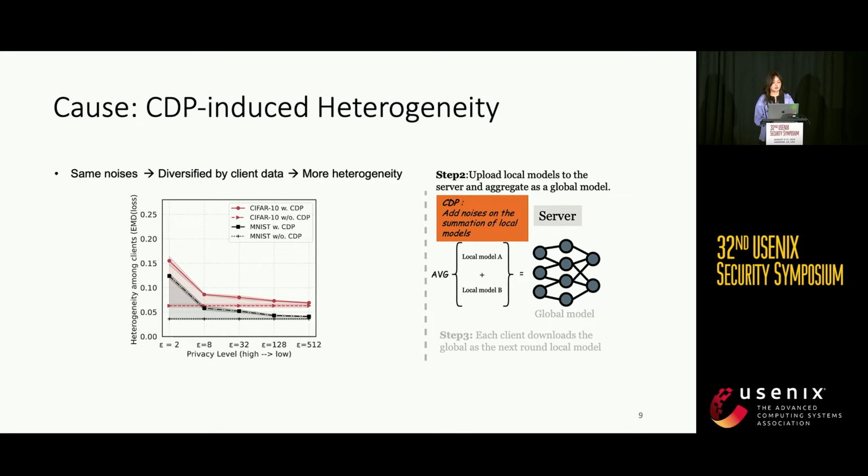We observe that if we have a higher privacy level, the heterogeneity will also become larger. But different from LDP and DDP, the amount of heterogeneity is less than LDP and DDP because the noise is added uniformly at the server. Also, if the data distribution is IID, then we find that CDP will not introduce much heterogeneity in this scenario.